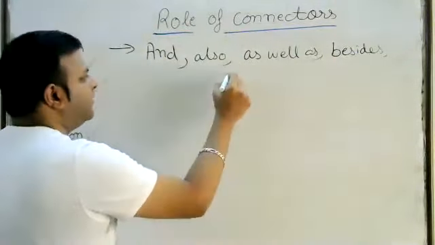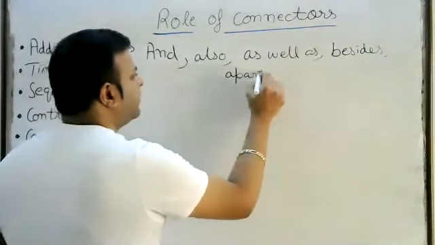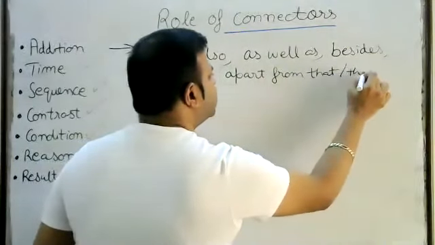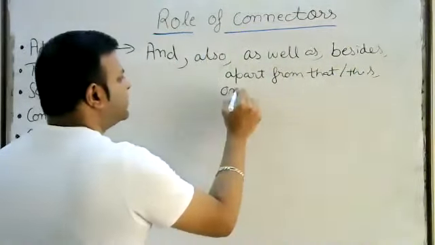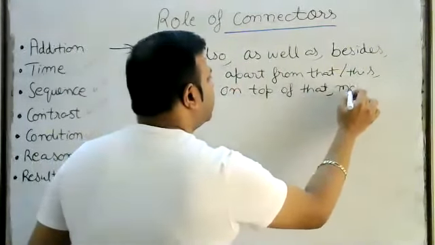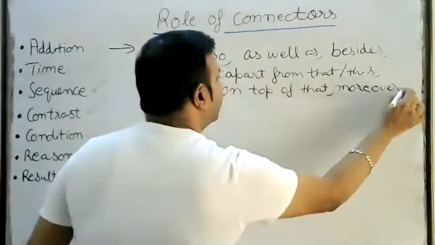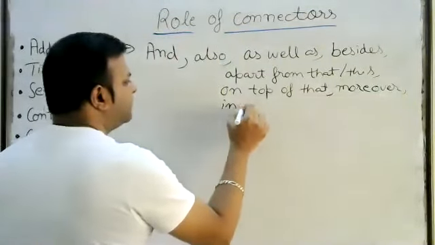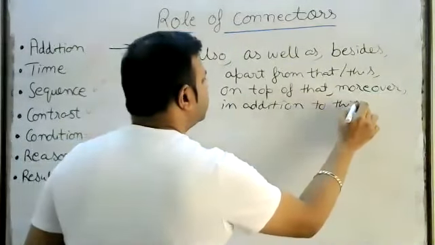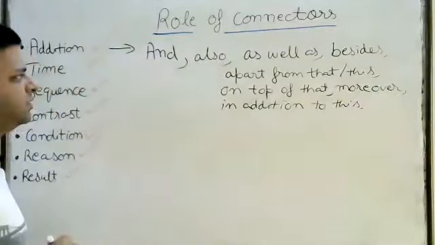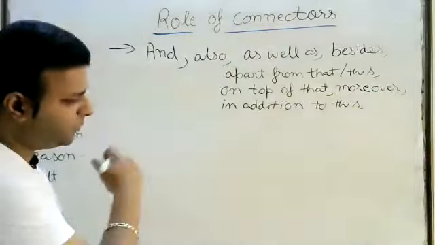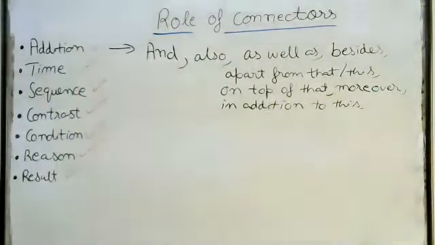Then we can also say apart from that or this, we can also say on top of that, moreover, in addition to this, right? So these are few connectors that you can use. There are also others like what is more, furthermore, all that stuff.